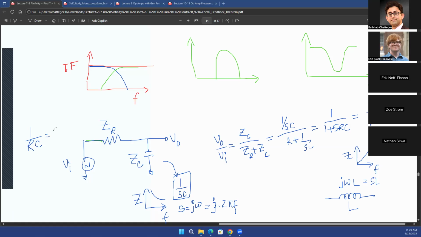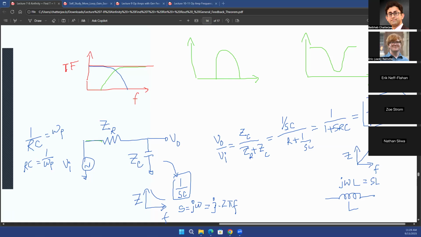So let's call it omega P. That's the bandwidth, and I'll explain why we are calling it omega P, because there will be a pole at the location of the bandwidth. So if that is 1 upon RC, then RC is going to be equal to 1 upon omega P. Right? Now let's go back to this equation. You had 1 divided by 1 plus j omega RC.